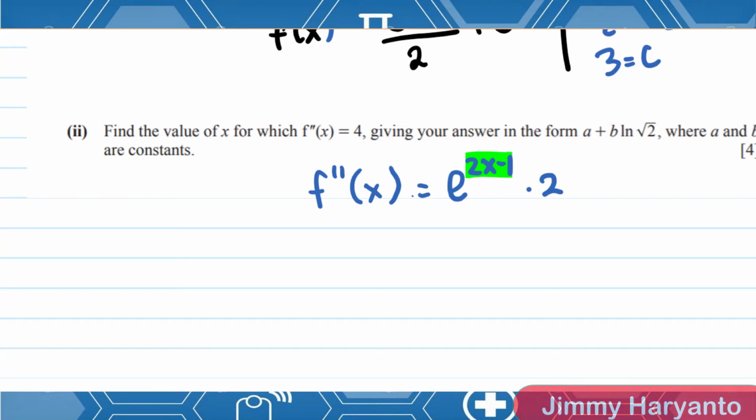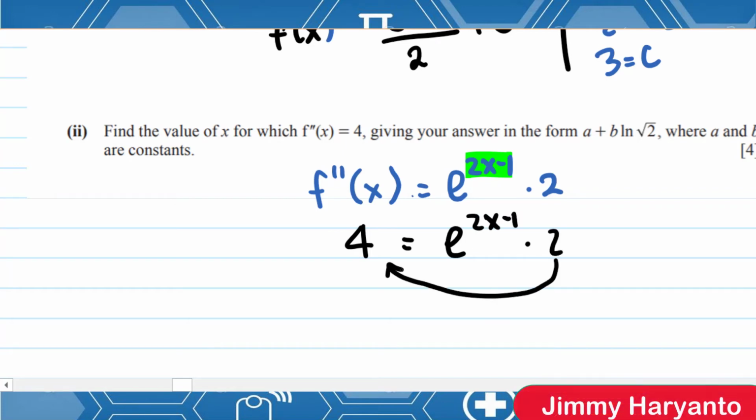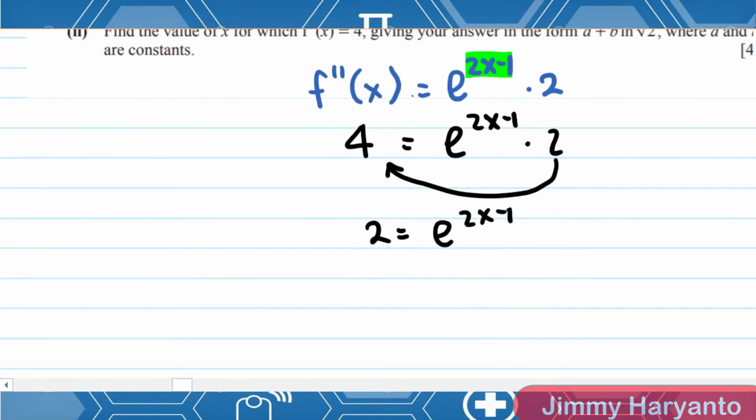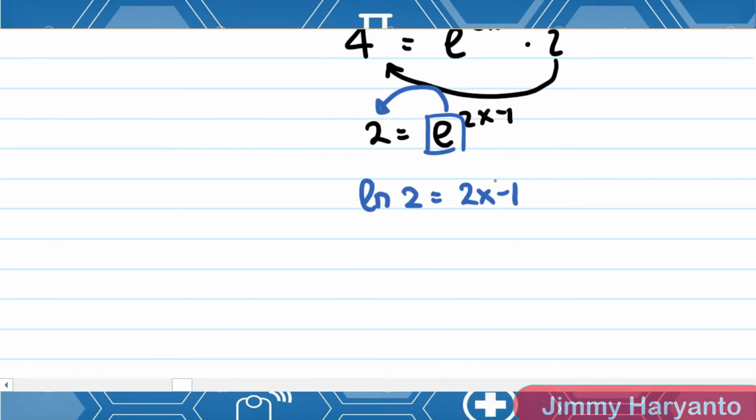Given that f'' equals 4, so 4 equals e to the power of 2x minus 1 times 2. You have to move this 2 to the left side. 2 equals e to the power of 2x minus 1, and then you move the e to the left side. It will become ln 2 equals 2x minus 1. Move the 1, ln 2 plus 1 equals 2x. Move the 2, ln 2.